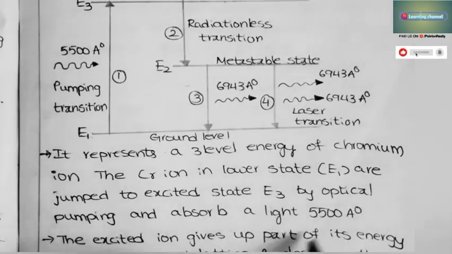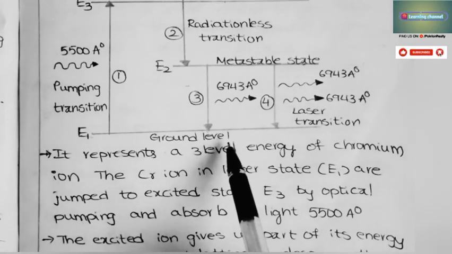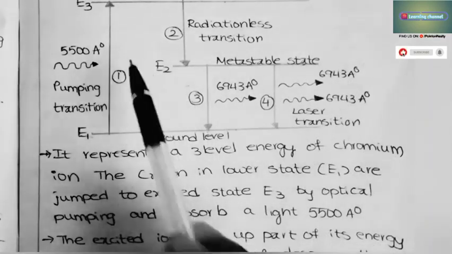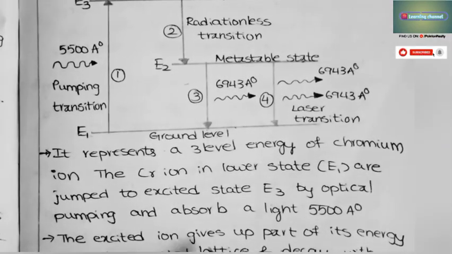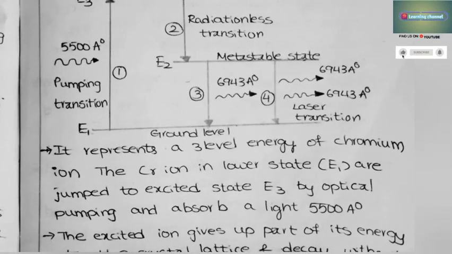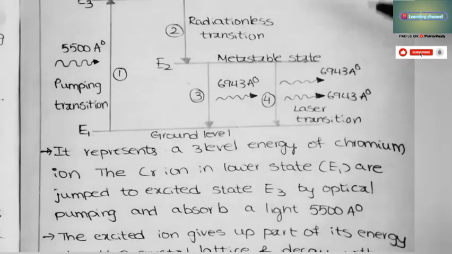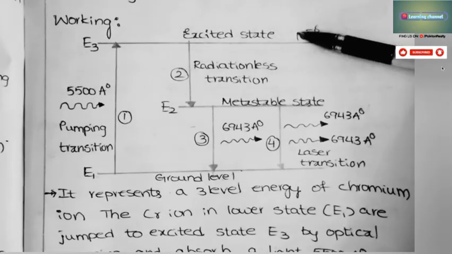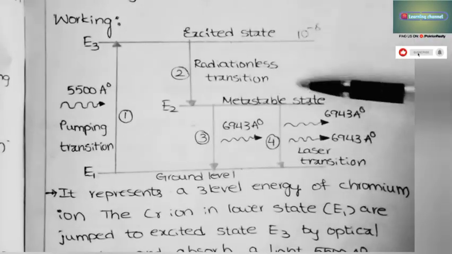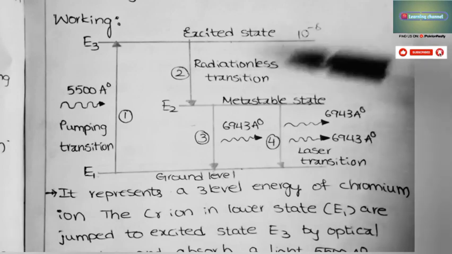By absorbing this light energy, they go from the ground state to the excited state, E3. Next, the excited ion gives a part of its energy to the crystal lattice and decays without giving any radiation. After going to the excited state, it comes down to the E2 metastable state without emitting any radiation.